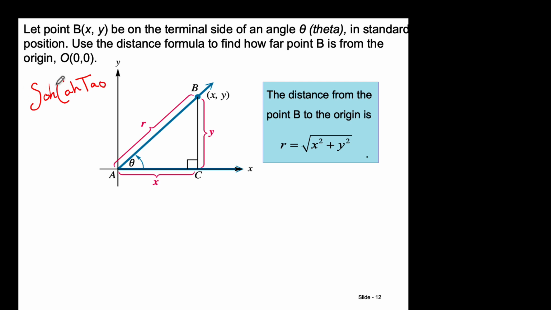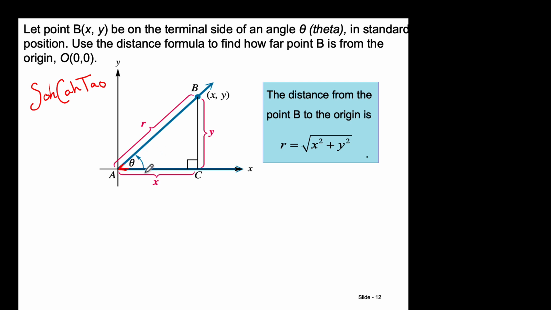That triangle could be at any location in this rectangular coordinate system, at any orientation, okay? SohCahToa works. But what we want to do for trigonometry is take any right triangle, in any location or orientation, and drag it over to standard position. We want to drop it right there so that theta is at the origin, okay?